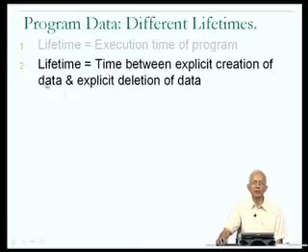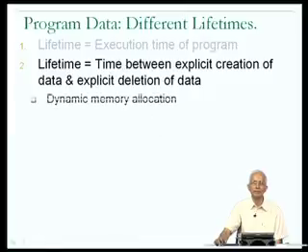So that is the situation where the lifetime of that piece of data is from the explicit point in time during execution when its creation was requested till the explicit point in time during execution when its existence was deleted. And for those of you who have done programming in C with dynamic memory or dynamic variables, you will recognize this as the phenomenon which is called dynamic memory allocation.